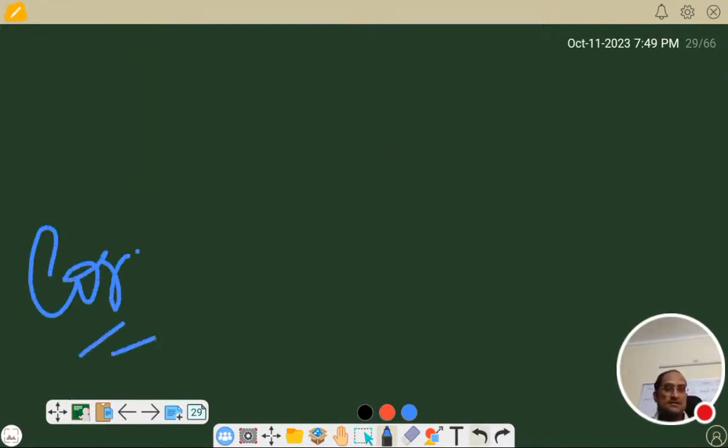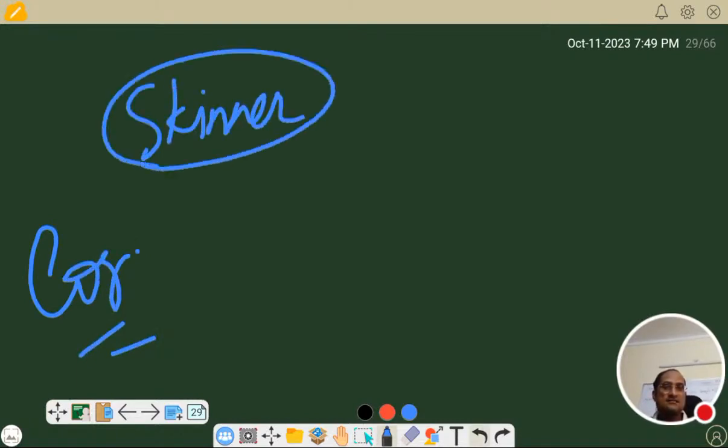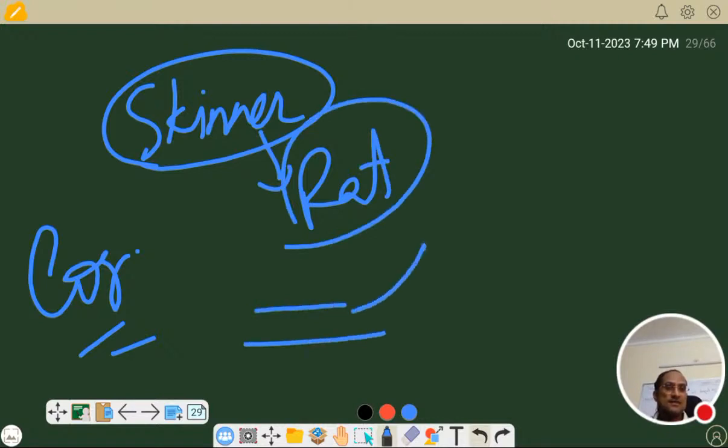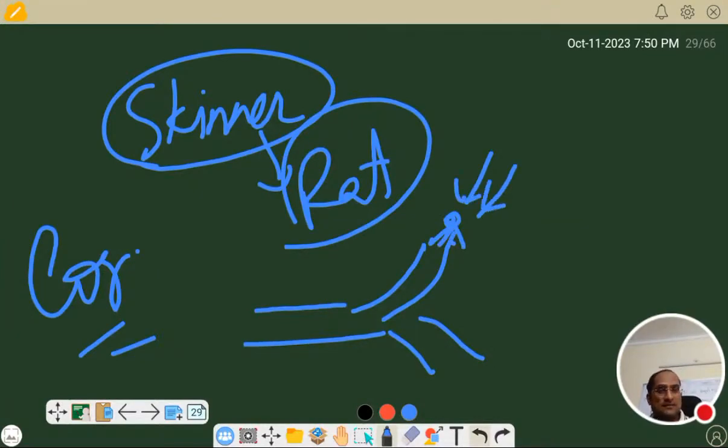Cognitive people say, Skinner's rat is here, fine. Skinner left the rat into the maze. The rat reached the lever, pressed the lever, and a food pellet came. For the first time we can understand that the rat pressed the lever out of curiosity, or it is the behavior of animals to explore the environment. The food pellet came.